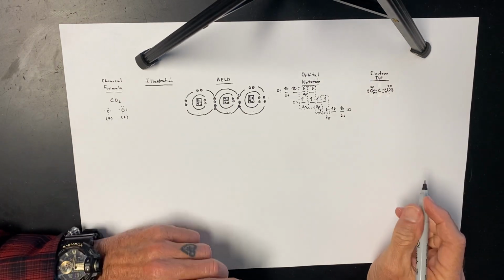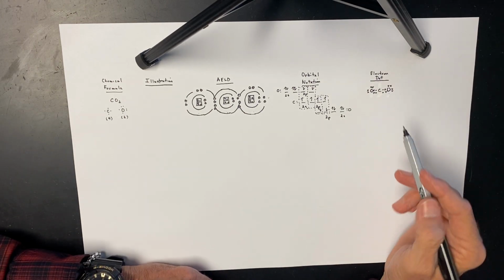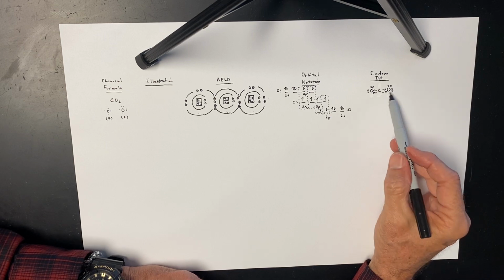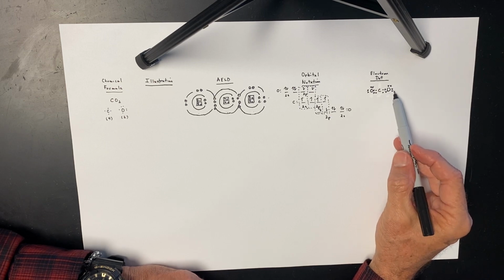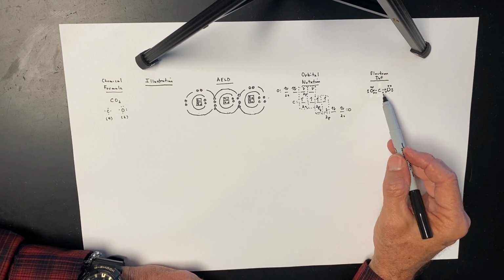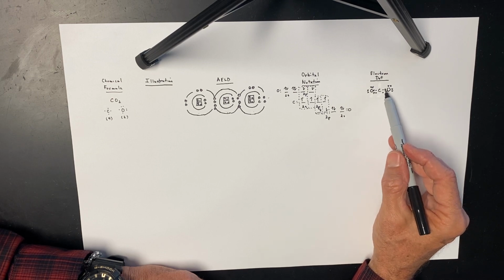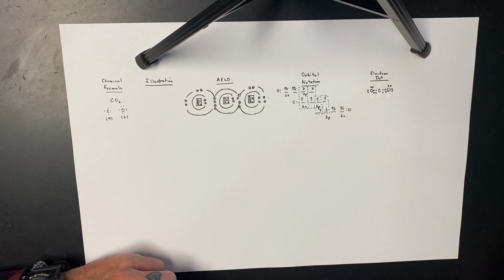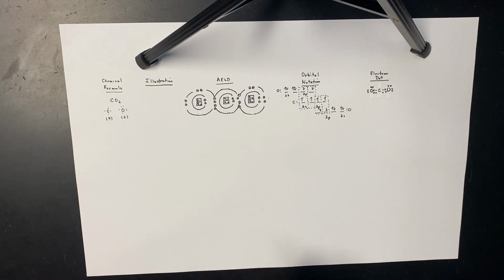So now, if you look at this from the perspective of each individual atom, oxygen now has 2, 4, 6, 8 electrons. This oxygen has 2, 4, 6, 8, and carbon has 2, 4, 6, 8. So all the atoms are in the octet state.